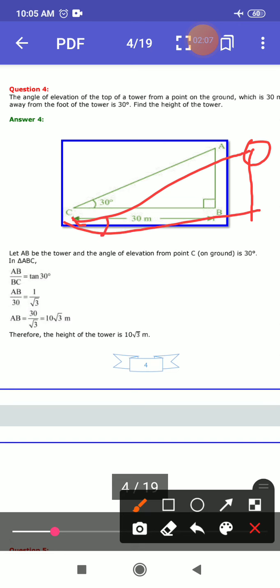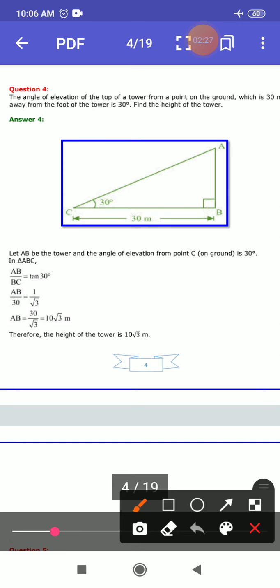This is your 30 degrees. So in this question a tower is there, and the top of the tower makes an angle of 30 with the ground at the point.